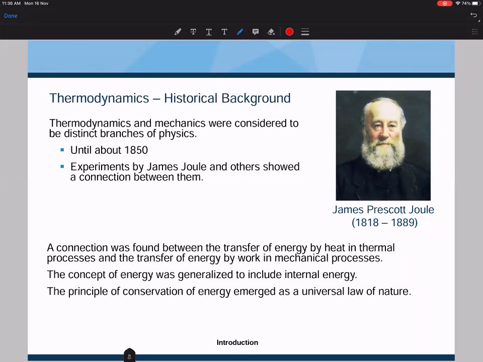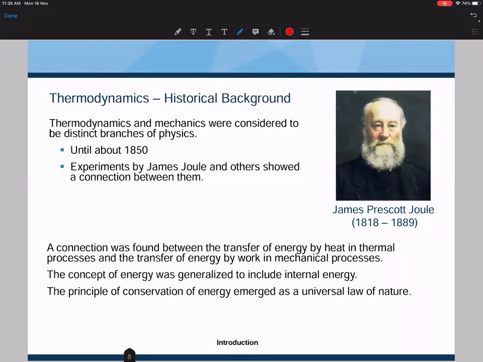In fact, that is one of the big hurdles, one of the big barriers at the beginning of thermodynamics. At the beginning, people did not recognize the connection between thermodynamics and mechanics.